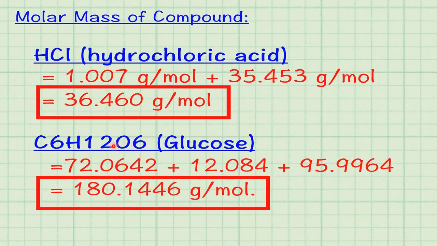Therefore we multiply 6 by the atomic mass of carbon, 12 by the atomic mass of hydrogen, and 6 by the atomic mass of oxygen. After the multiplication we get the total mass of 6 carbon atoms, of 12 hydrogen atoms, and of 6 oxygen atoms. Summing all these gives the molecular mass of glucose, which is equal to 180.1446. Again, gram per mole, please hold.